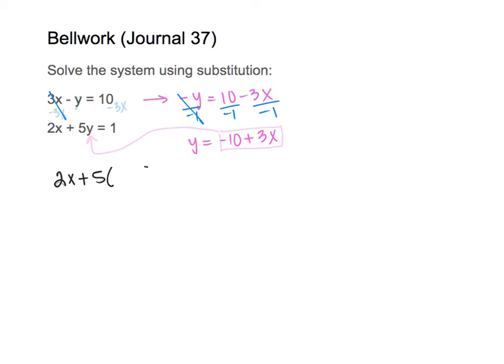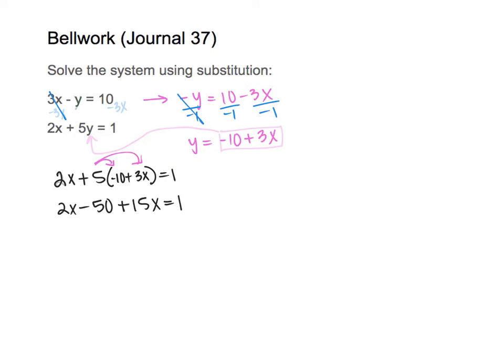Instead of y, I'm going to put parentheses and plug in negative 10 plus 3x equals 1. And so I'm going to distribute this negative 5 here, and carry down the 2x, which gives me 2x plus, oh, actually not plus, negative 50 plus 15x equals 1.